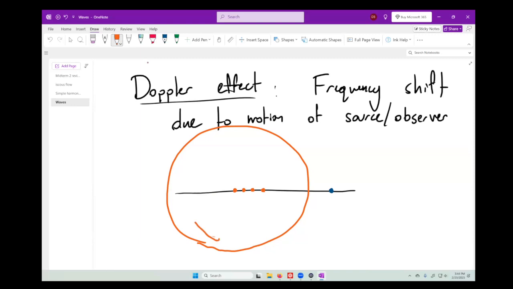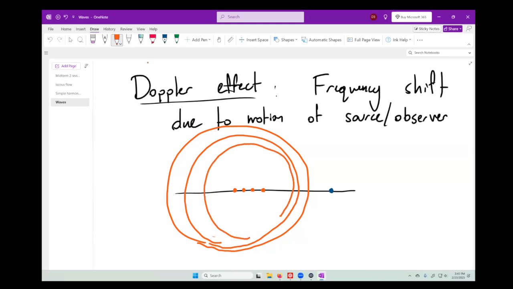And we can draw successive wave fronts centered on the source at each instant in time. Sorry, it's a little bit hard for me to draw this with my tablet here. Okay. Pretty bad, but hopefully you get the idea.